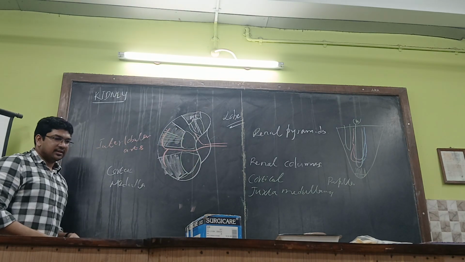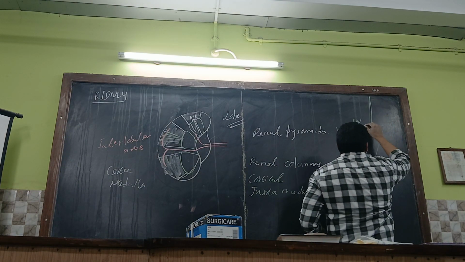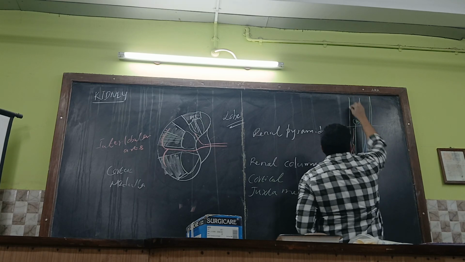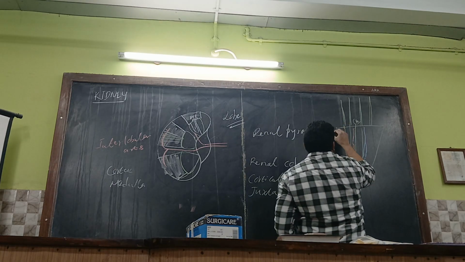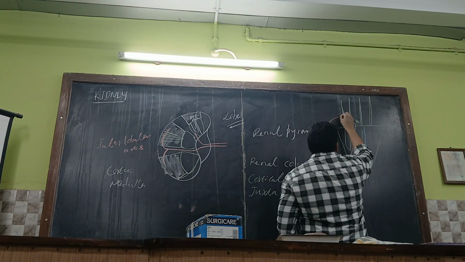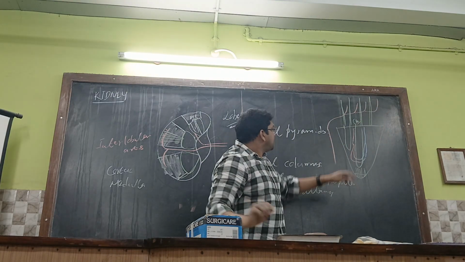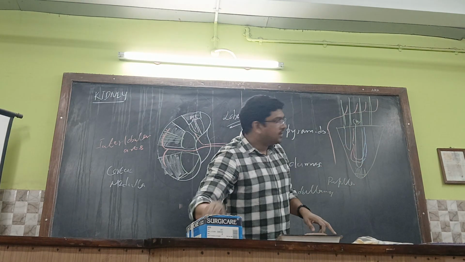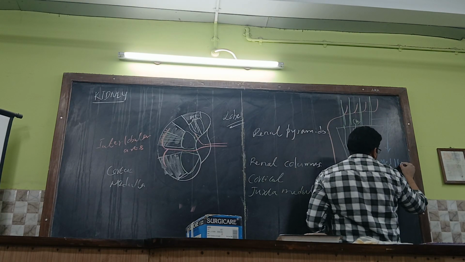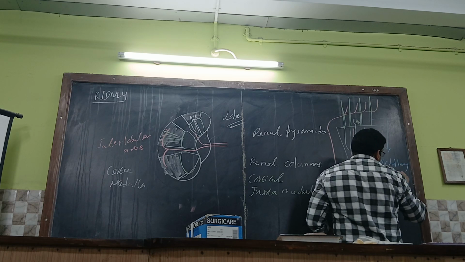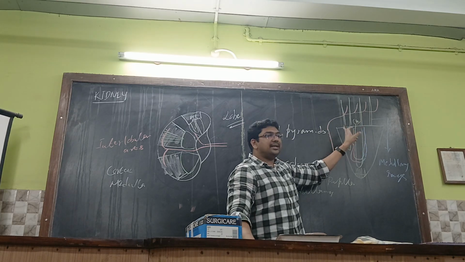See here properly. So these are nothing but medullary rays. These are the ray-like extensions of the medulla into the cortex. Getting it?